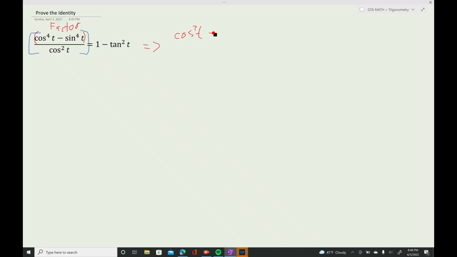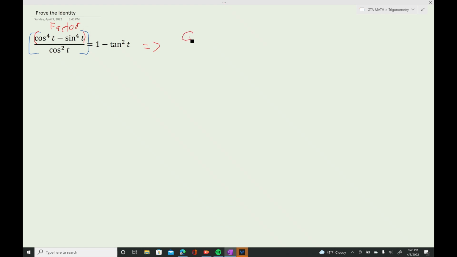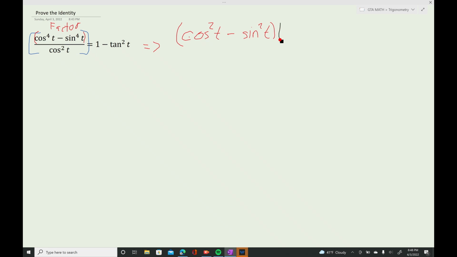That looks atrocious. Forgive me. What I'm going to do is take cosine squared t, and then I'm going to have minus sine squared t, and then I'm going to multiply it by the positive form of this binomial.